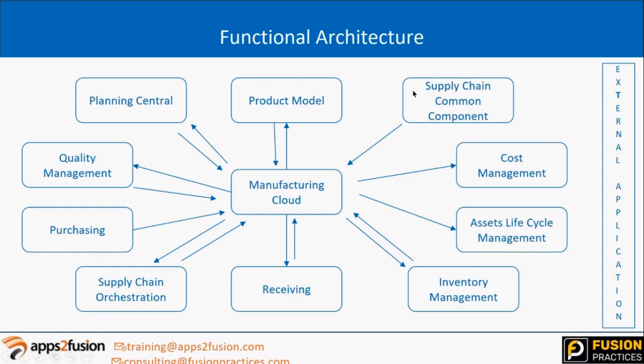The common components are your plant parameters, your units of measure, your subinventories, your calendars, your shifts, your working hours in the plant. So these are all the common parts of supply chain which can be fed into inventory and into manufacturing, right? Okay, got it.